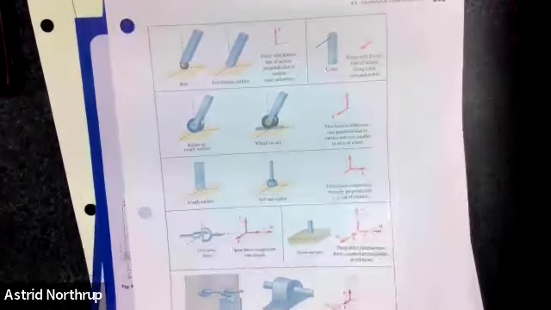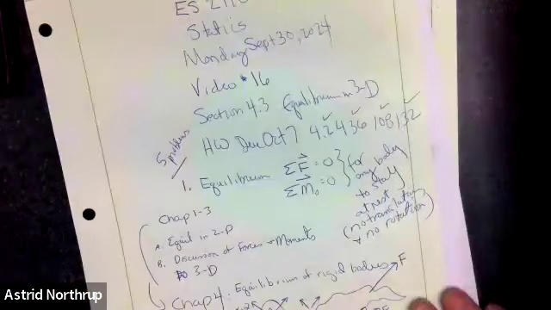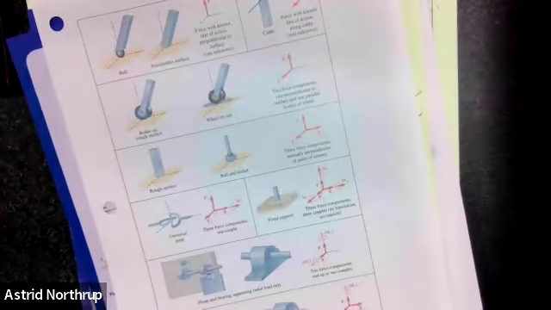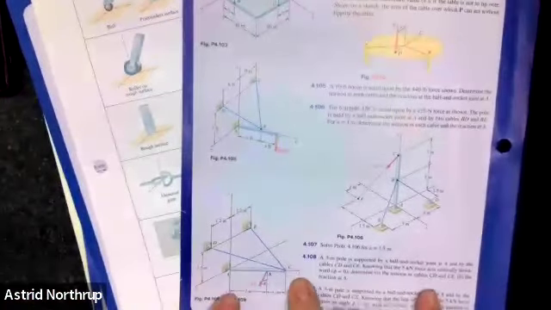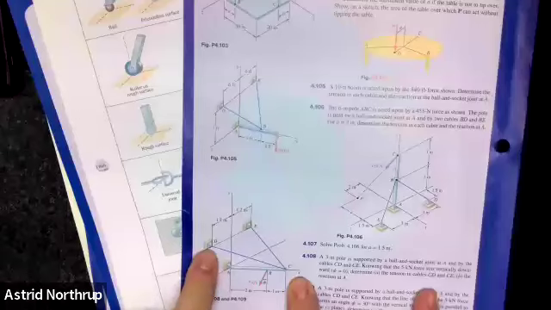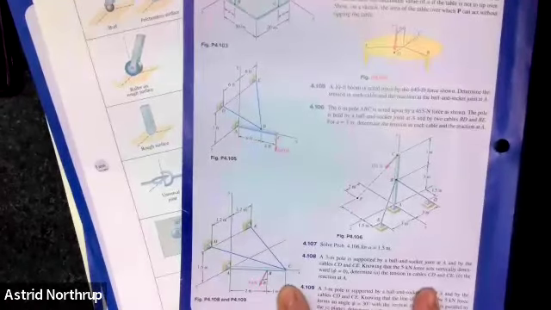All right, and then I think only 108 and 132 are three-dimensional problems. 108 is three-dimensional. So it's the same thing, but each of these, you have a reaction.